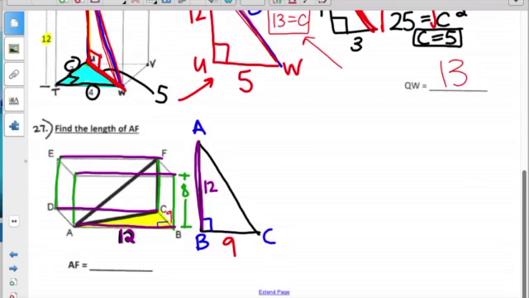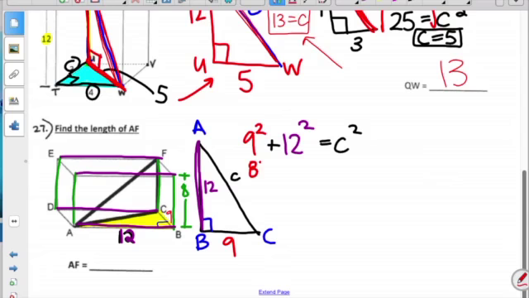So we have our right triangle here, our diagram. So let's find what our hypotenuse is, c. We have a squared, or 9, plus b squared, which is 12. That's going to equal our hypotenuse, c squared. Okay, so 9 squared is 81. 12 squared is 144.